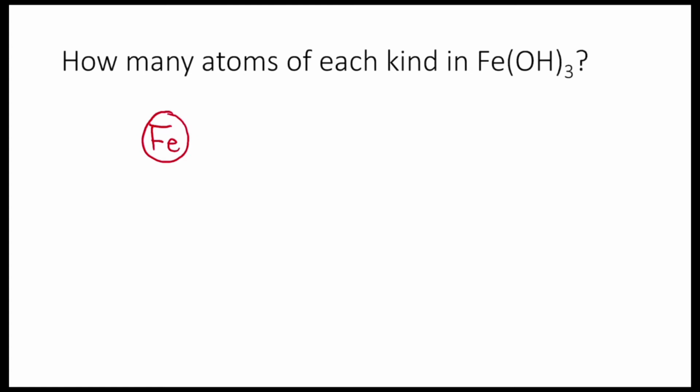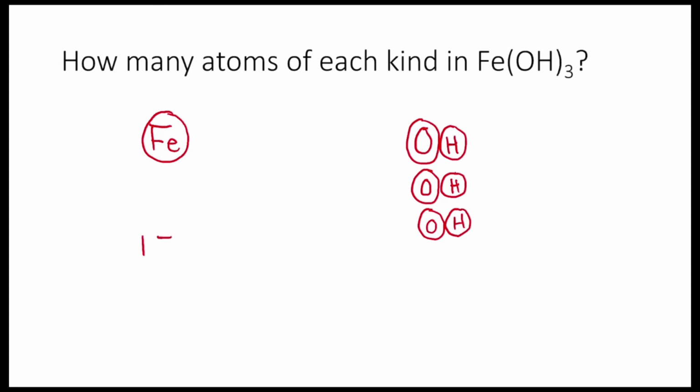Notice that the brackets mean that the little subscript 3 on the outside applies to both the oxygen and the hydrogen. So we have 3 of those groups. One group is an oxygen attached to a hydrogen, and then we have 2 more of those. So in total we have 1 iron, 3 oxygen, 3 hydrogen.